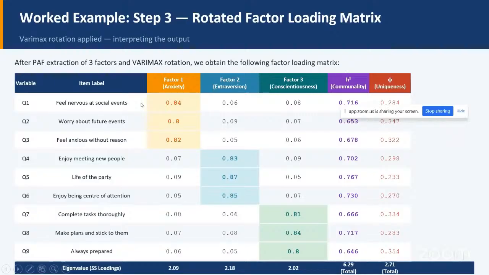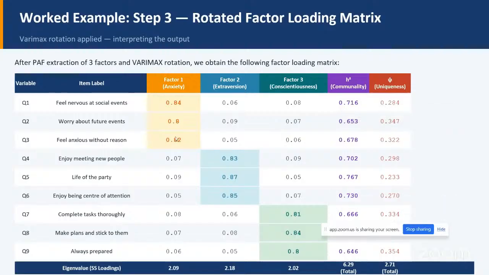Again, for rotation, this is an example of why we need to use a rotation. For this case, you can see this question gives the loading in factor 1 of 0.84, so it has the highest factor loading. So we will consider that this question can be under factor 1, this also and this also.